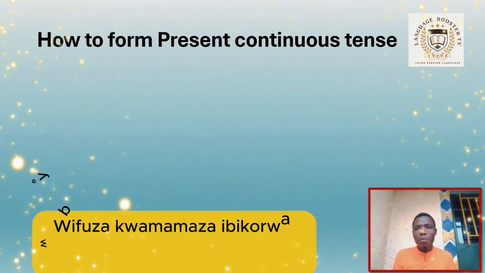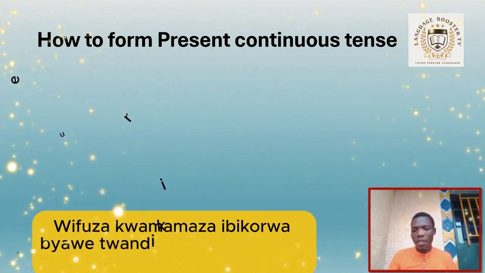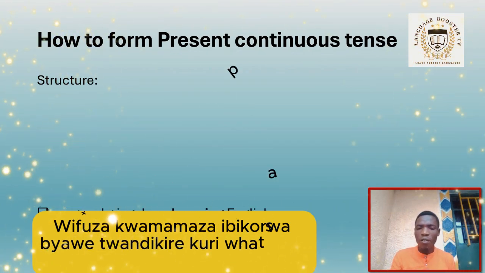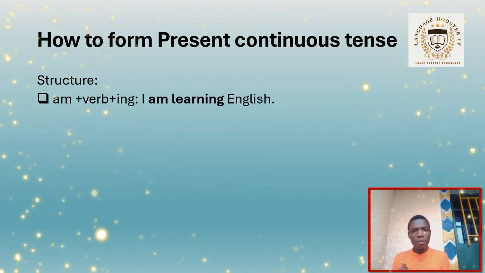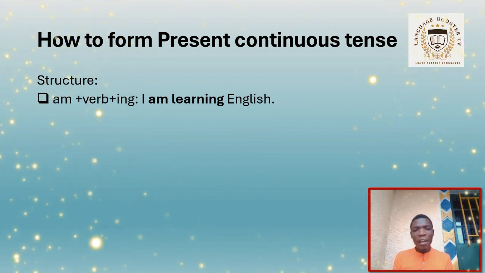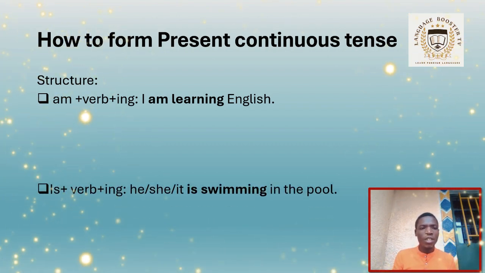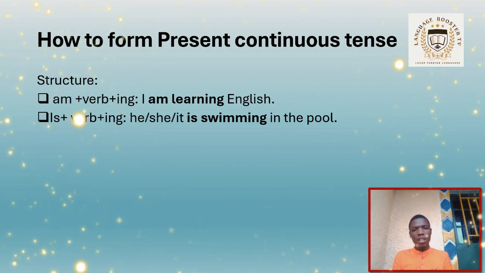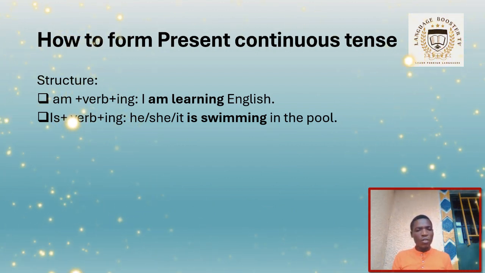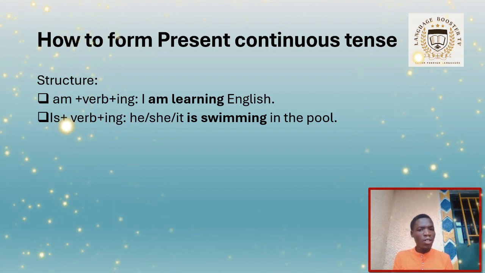Yes. How to form present continuous tense? The simple formula or the simple structure is am plus verb with ing form. For example, I am learning English. Is plus verb plus ing form. Is is used for the subject he, she, it.